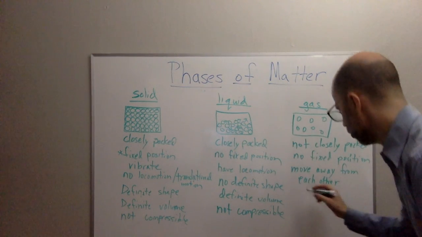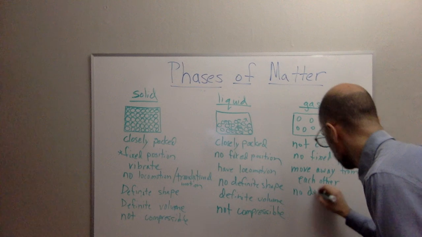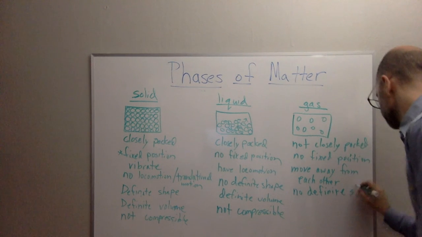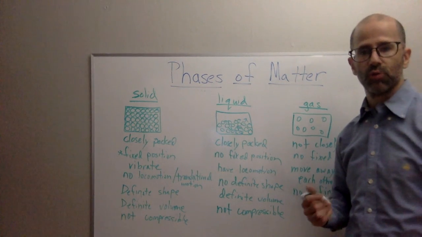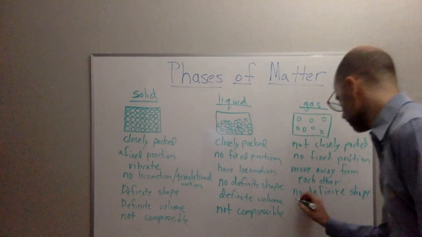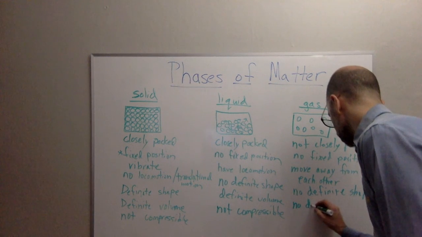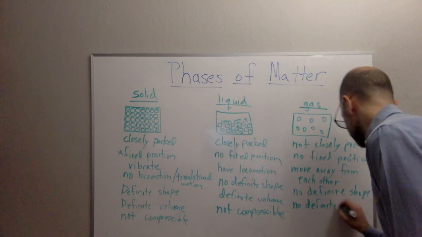So there's no definite shape, and there's also no definite volume. It can have any volume of whatever container it's in.